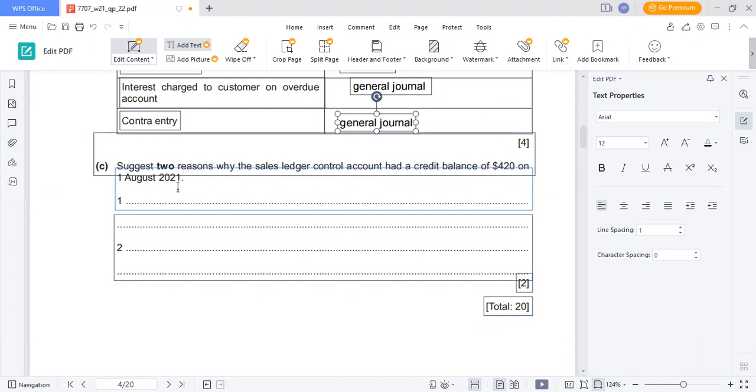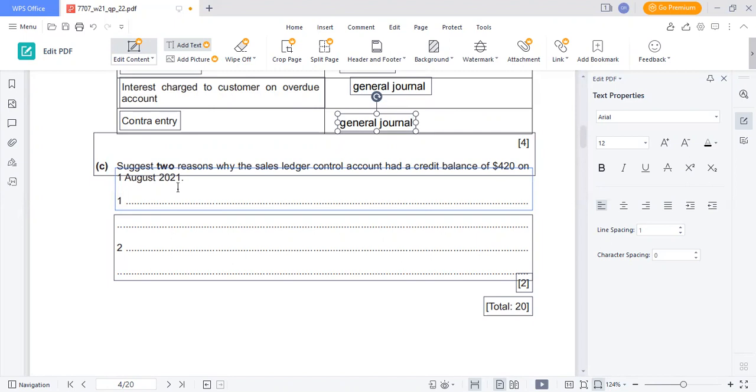For example, the customer has bought goods from us for 500, and they were not satisfied with 50 rupees of goods, so they have returned 50.